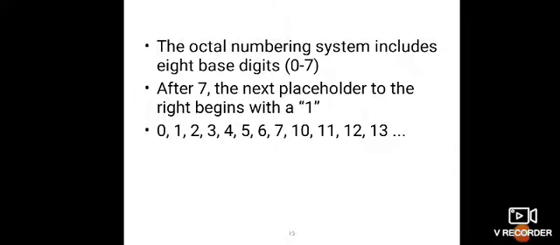In the octal number system, if you wish to represent decimal numbers, we write 0 1 2 3 4 5 6 and 7, and after 7 the base 8 will be written as 10. Then the decimal numbers 9 to 15 will be written as 11 12 13 14 15, and for 16 the converted number is 20.